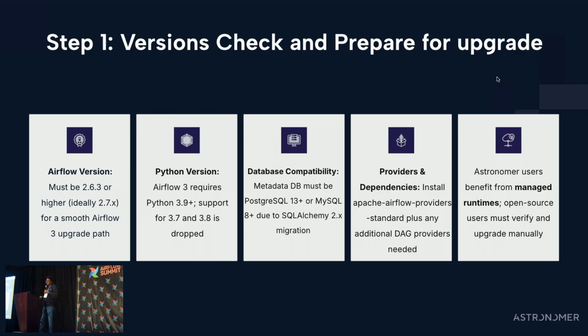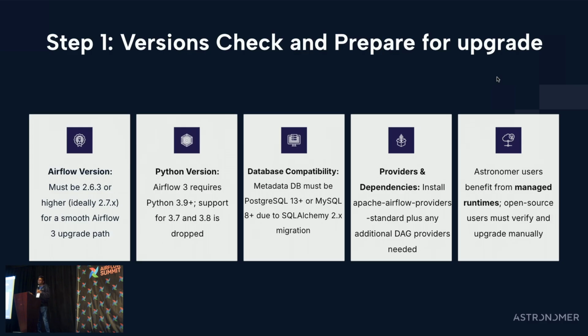So now let's move on to the first step, making sure the prerequisites are taken care of. The Airflow version for you to be able to upgrade to Airflow 3 must be higher than 2.7.x, right? And the airflow config update command is available from 2.11.